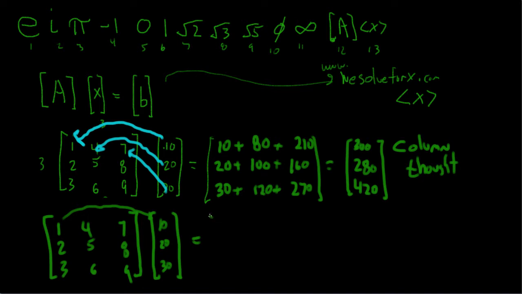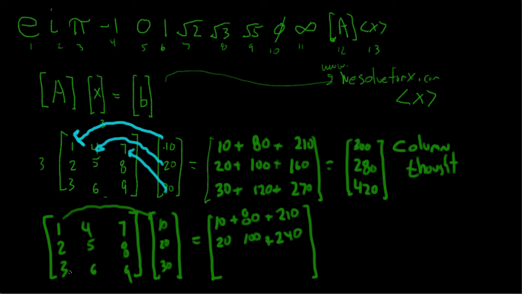That would be now 10 plus 80, and by golly, plus 7 times the last row plus 210. So it turns out the same way. Let's try the second one. 2 times the first row plus 5 times the second row plus 8 times the third row. By golly, that works out too.